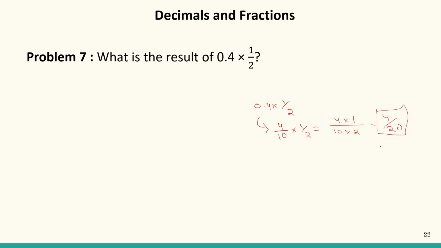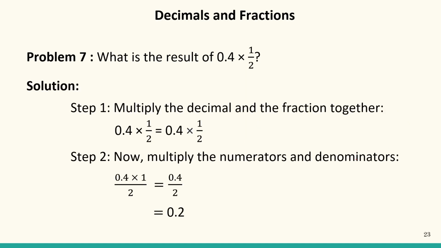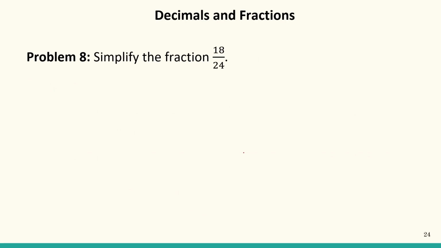So this is the answer, which we can write in simplified form as 2 by 10. This is equal to 0.2. This is the answer. Yeah, this is how we got the answer 0.2.